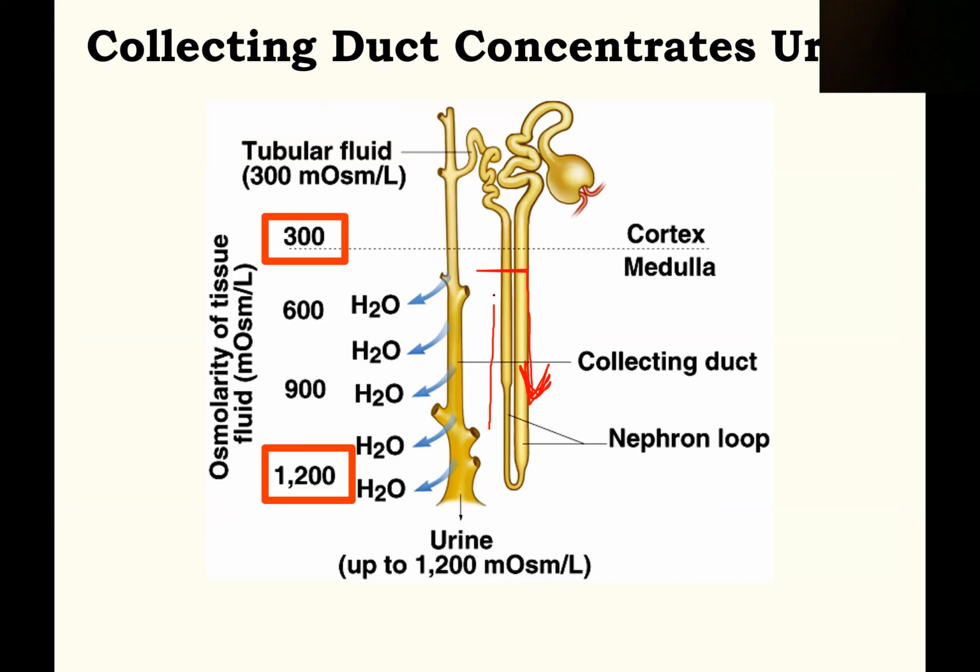And then it's going to go up towards the cortex and become less concentrated. And then it comes down the collecting duct and becomes more concentrated. So countercurrent: going down, it becomes more concentrated; going up, it becomes less concentrated.